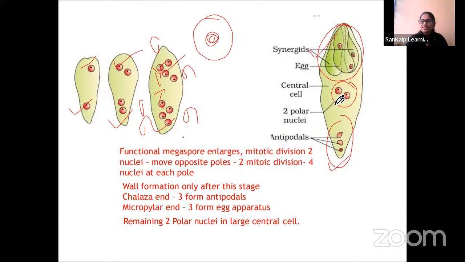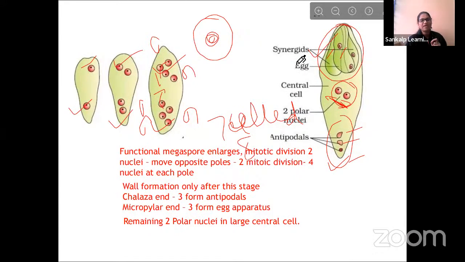The remaining 2 nuclei fuse to form a cell called the central cell. So the female gametophyte is a 7-celled structure. But how many nuclei does it have? 1 2 3 4 5 6 7 8, 8 nuclei. It is a 7-celled, 8-nucleate structure.